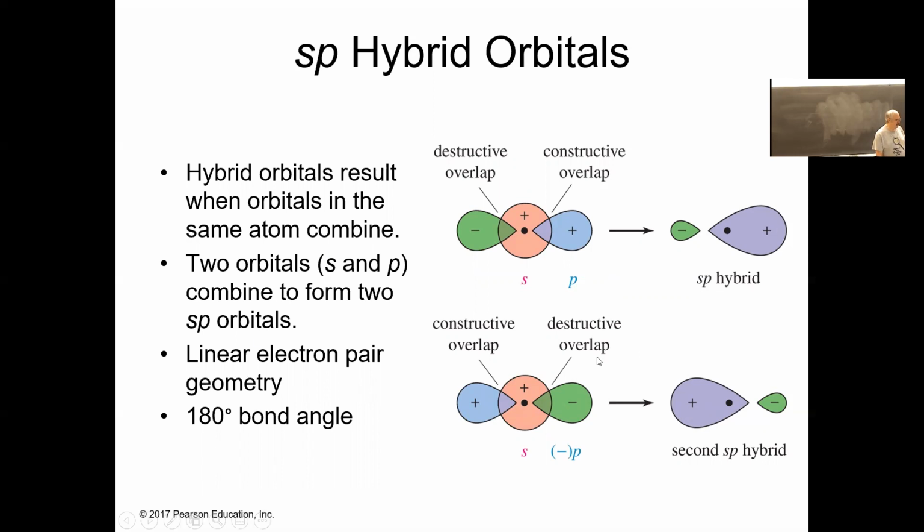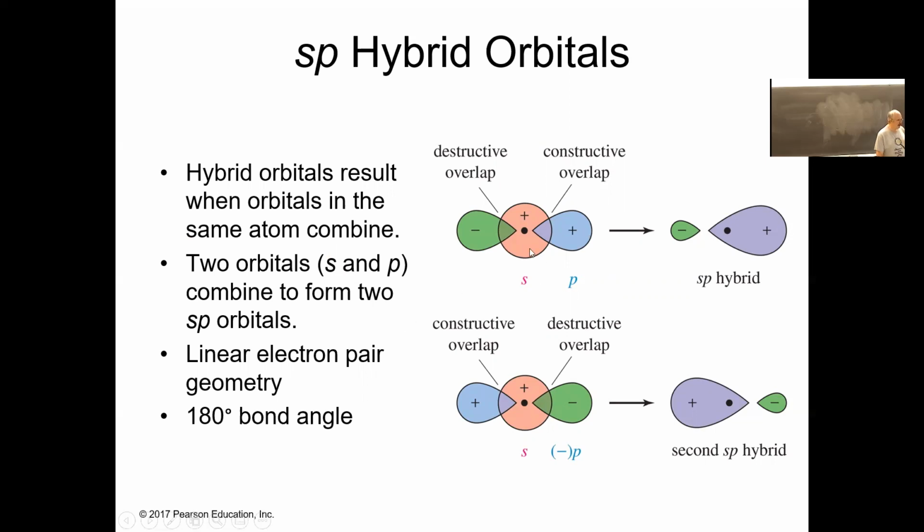Since the value of the function is positive, and it's positive here, a positive and a positive results in a larger positive. A positive and a negative results in a smaller lobe. Okay, these are not charges, these are the values of the sign of the function.